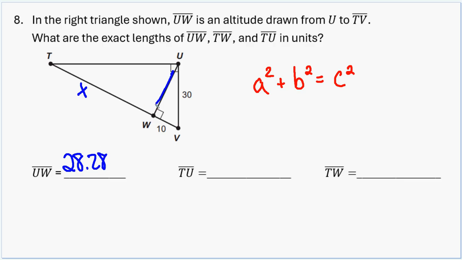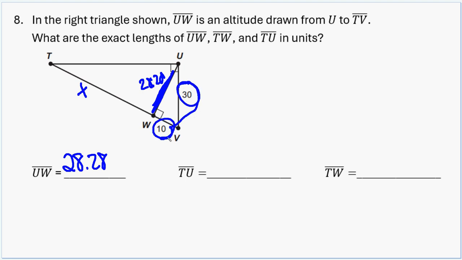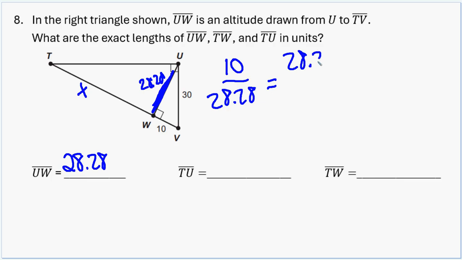Now we do have one of our geometric mean proportions here. To solve for this x, again, we could do 30 is equal to the root of 10 times the quantity x plus 10. Or now that we've got that UW, we could set up 10 over 28.28 is equal to 28.28 over x.